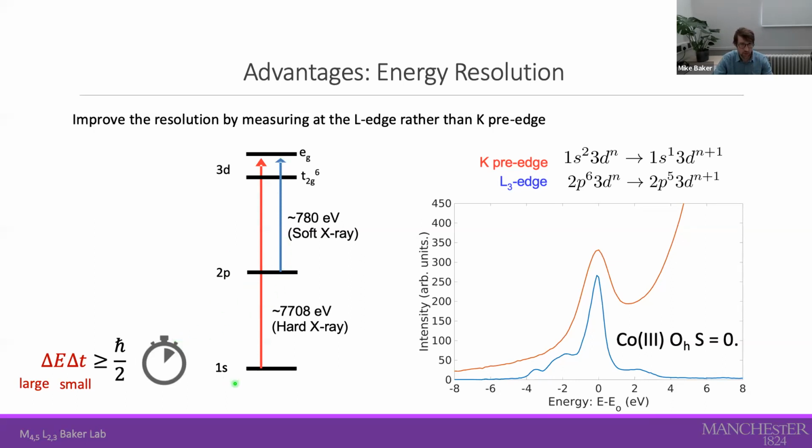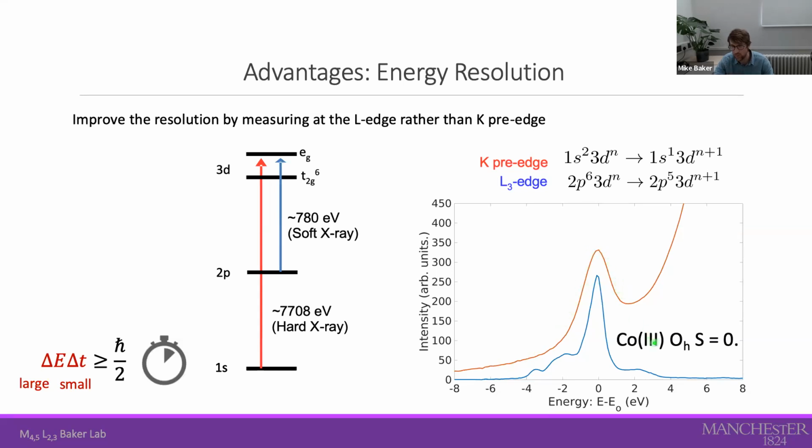And this is due to the Heisenberg uncertainty principle, where when the core hole lifetime is short, we have a small delta t, and that leads to a large energy broadening, which here I show for a K pre-edge. This is the broadening that we see.